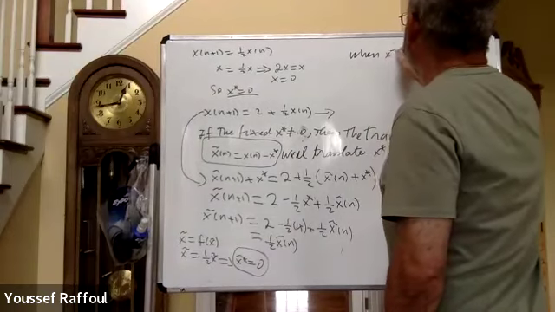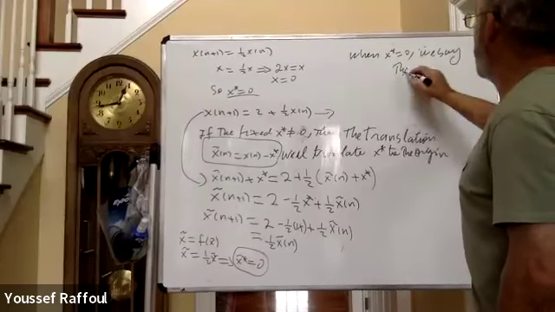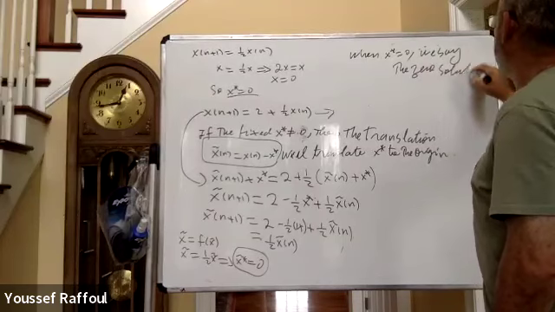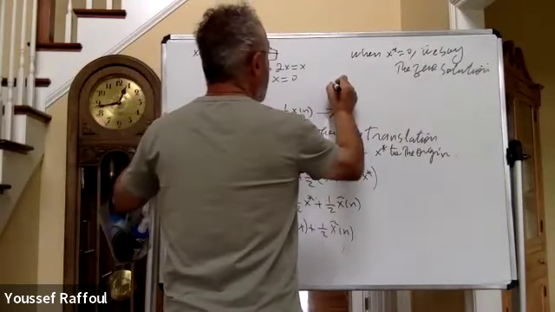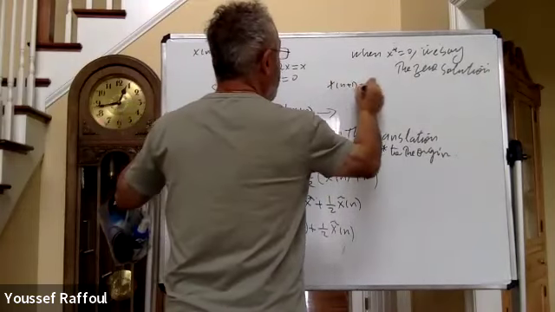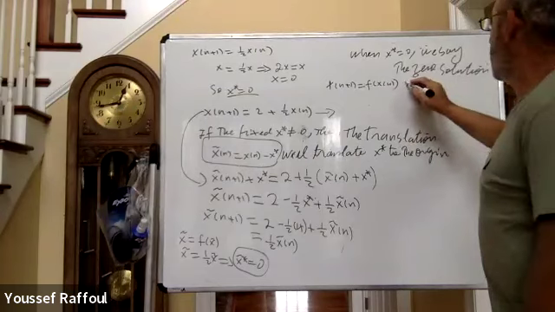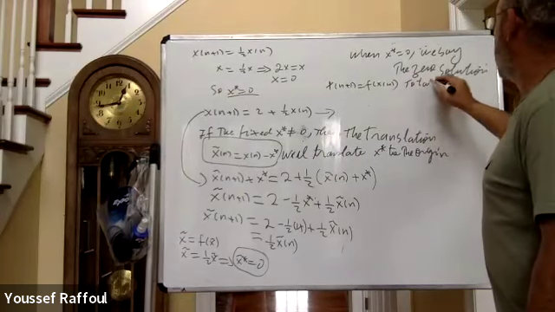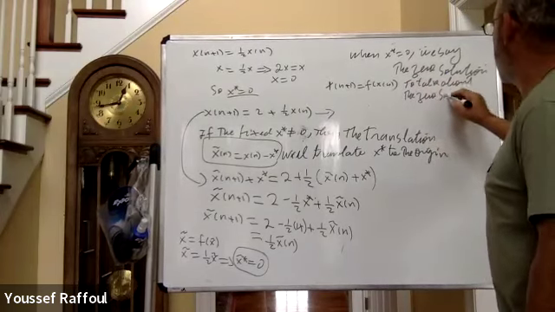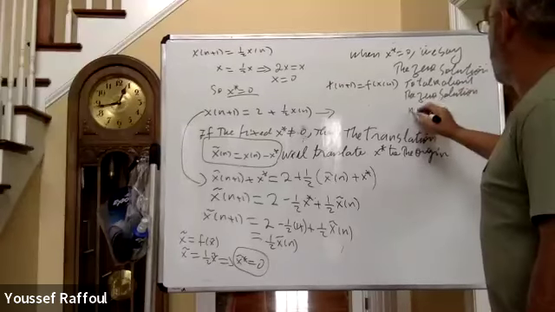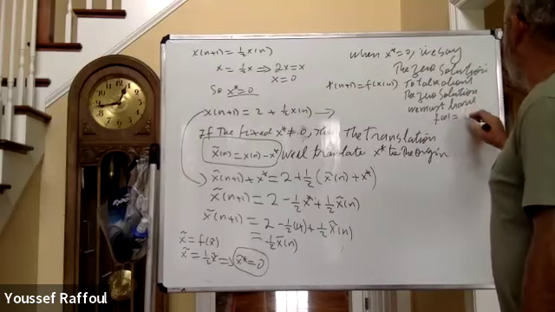In this case, when x star equals 0, we say the 0 solution. So in other words, if I have xn plus 1 equal f of xn, so to talk about the 0 solution, we must have f of 0 equals 0.